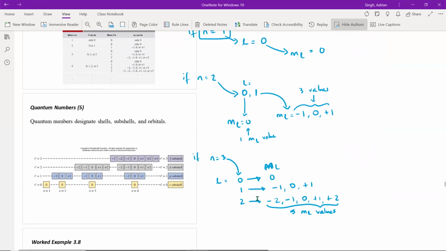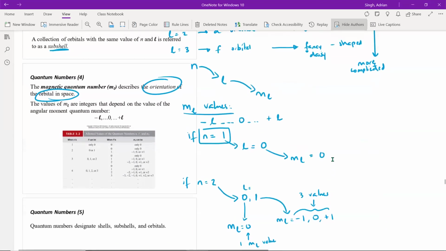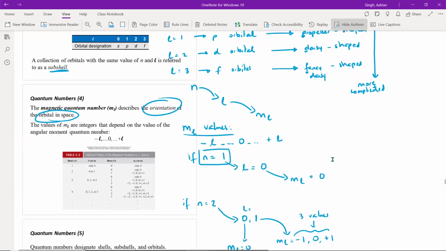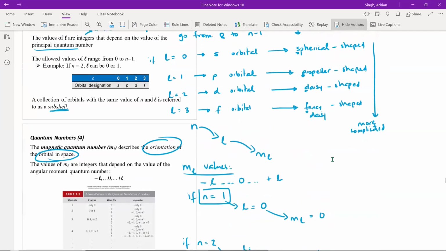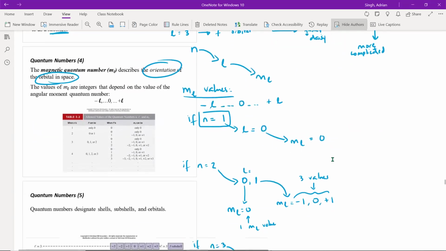And the answer would be no. You would have to have an l value of 3 to have an m sub l value of -3 or +3. So you want to think about these systematically. I know the first time you see this, it can be confusing, but if you slow down and do it one step at a time, it's going to make sense. I guarantee you that, but you have to not jump in, just take your time and ease into it.